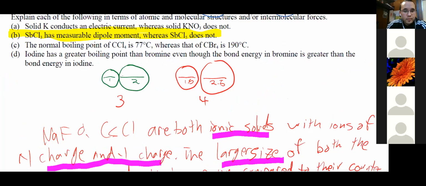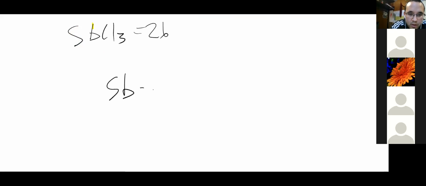And so for SbCl3, how many valence electrons does it have? 26, very good. So we should have antimony in the middle, then chlorine, chlorine, chlorine.